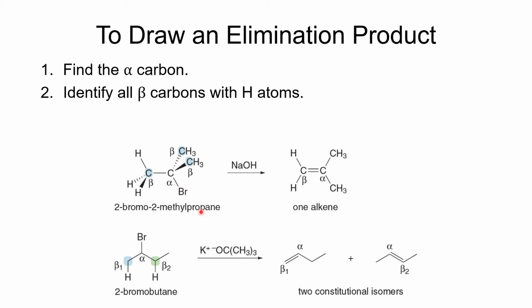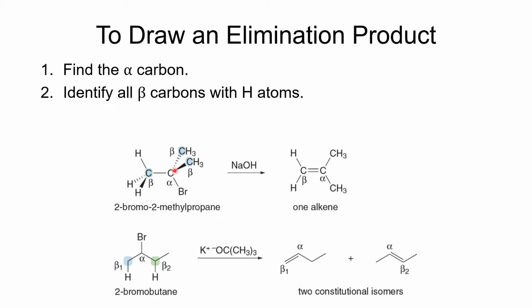Identify any beta hydrogens, or beta carbons that have hydrogens. Sometimes we'll just refer to those as beta hydrogens. So we want to identify those beta carbons. Here's a beta carbon, there's a beta carbon, there's a beta carbon. It turns out that those are all identical, because they're all methyls.